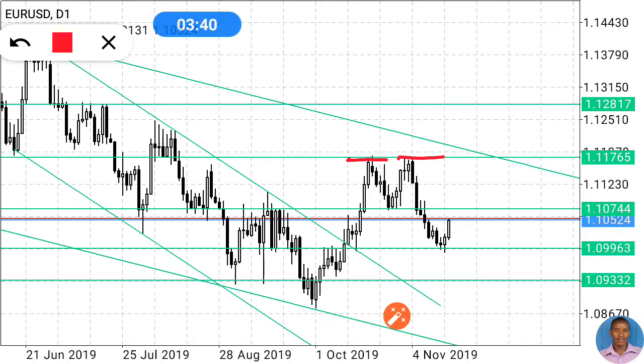As you can see, we also have lows at this point, following breakouts. We also have lows at this point and lows at this point. So that's the reason why I had to put that horizontal line, because the price is respecting that area, and whenever we approach that line, we expect something to happen, either a bounce back or a breakout following a retest.